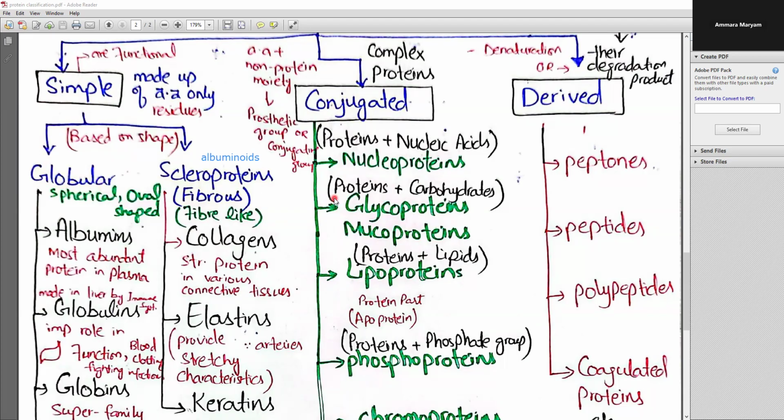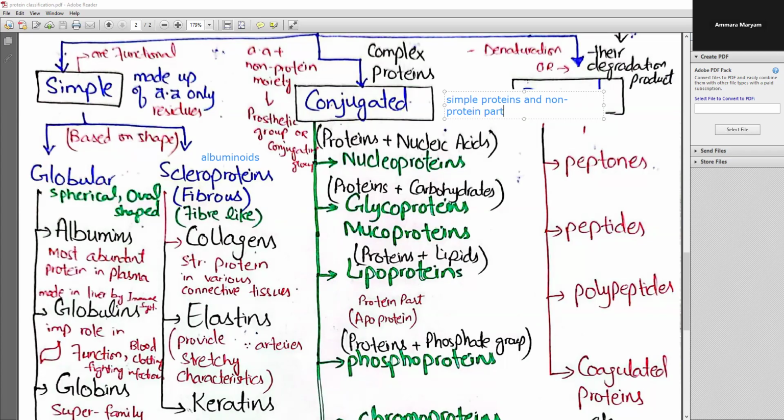That makes a conjugated protein. ठीक है? So these conjugated proteins in simplified manner can be simple proteins, क्योंकि simple proteins में सिर्फ amino acids present थे, and they have non-protein part. ठीक है, so these are classified as the conjugated proteins.